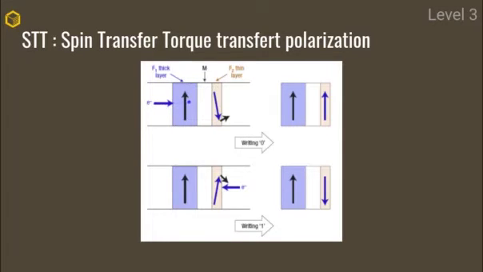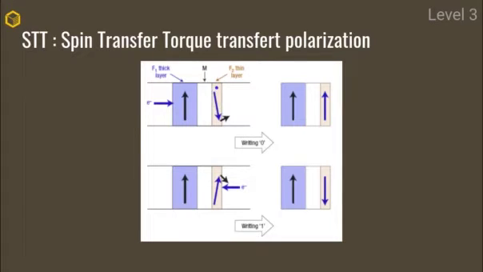And I'll put my electrons going through this one. So they're going through here, and so basically all the electrons that make it through here will be guaranteed to have this polarization. And now the electrons with this polarization are going to come into my free layer, and they're going to apply torque, and little by little they're going to change the polarization of this layer.